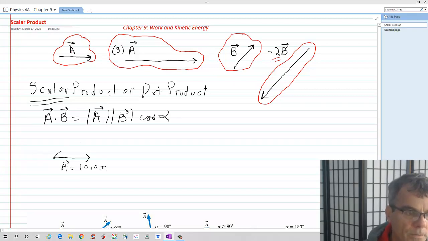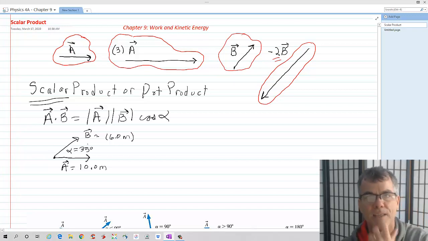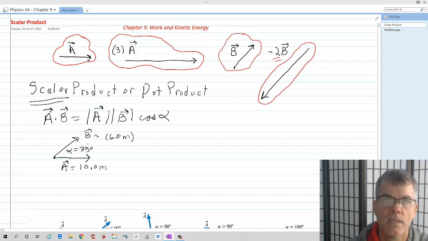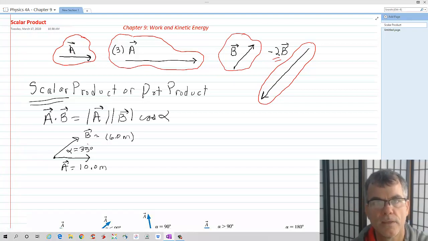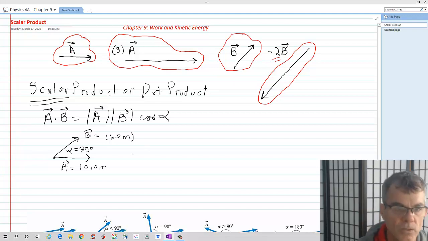Vector B, let's just say, has a length of 6 meters. And let's say the angle between the 2 vectors was 35 degrees. Just by the definition of the dot product, it's the magnitude of one vector times the magnitude of the second vector times the cosine of the angle between them.